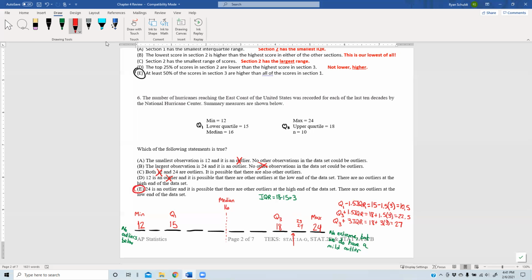We just said if this 9th observation is 23 or 24, then there would be one more outlier. But there's nothing at the low end. So, okay, we've done that one about as much justice as we can possibly do. So E is your answer.